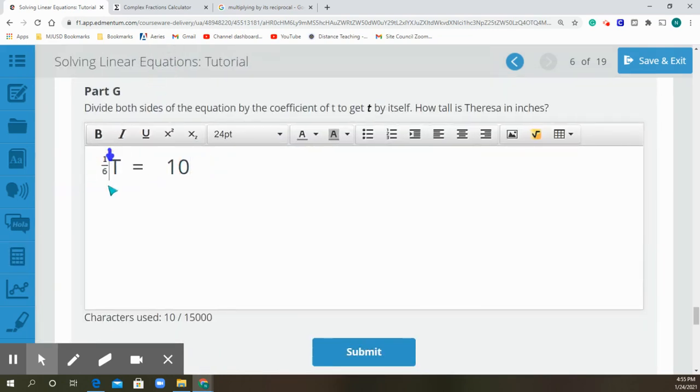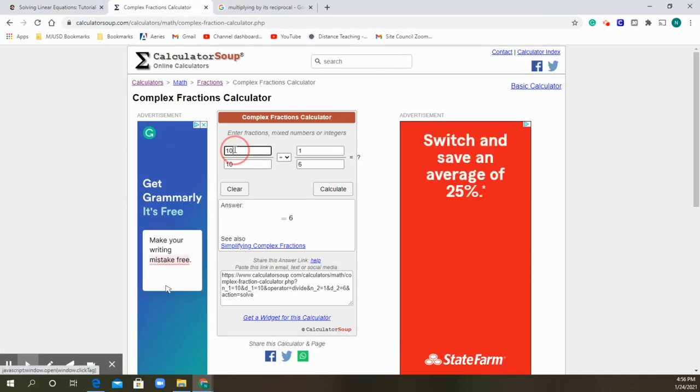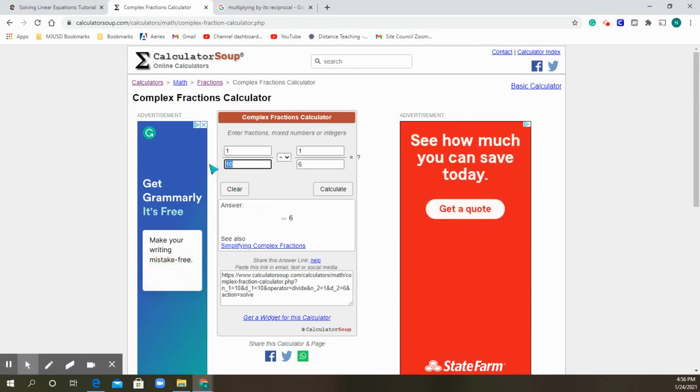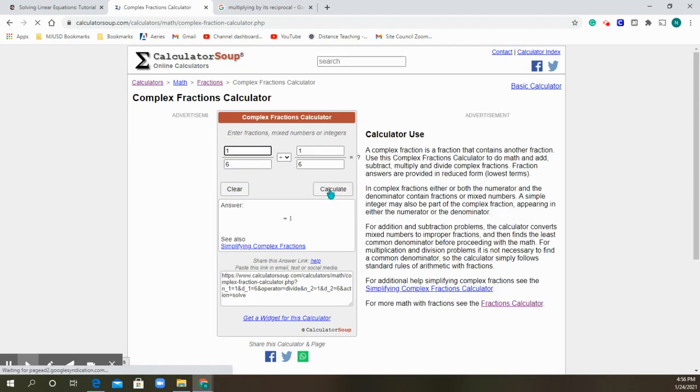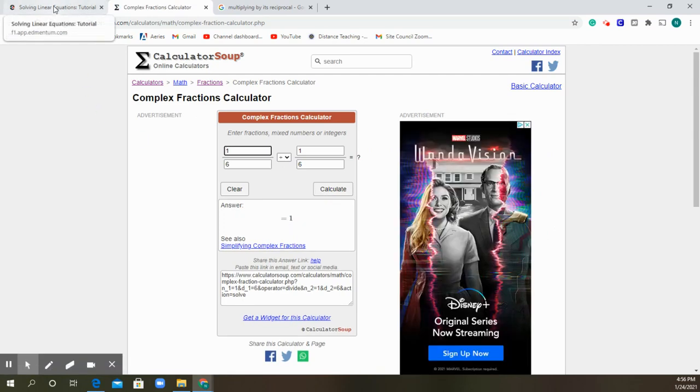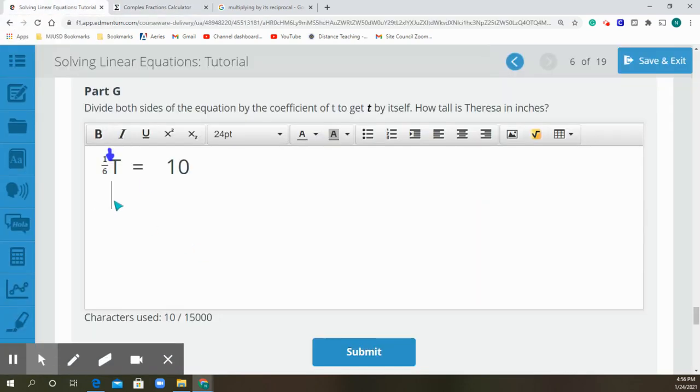So what I did there was I divided 1/6 by 1/6. 1/6 divided by 1/6 equals 1. So we're left with just a t. Now over up there, let me see. Copy, paste.